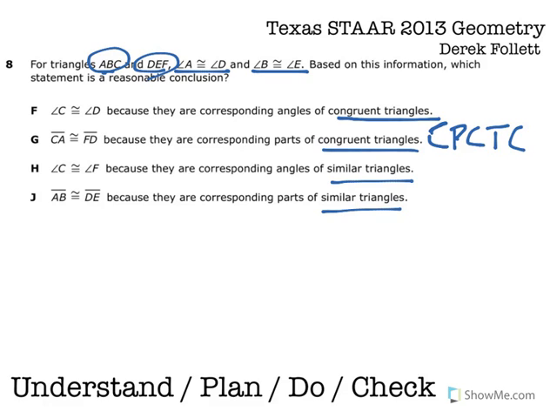Then I've got 2 conclusions about the triangles being congruent, and then 2 about the triangles being similar. My plan is to first determine, are these triangles congruent or similar, so I can eliminate 2 of those choices. And then of those 2 choices remaining, which one makes the most sense?